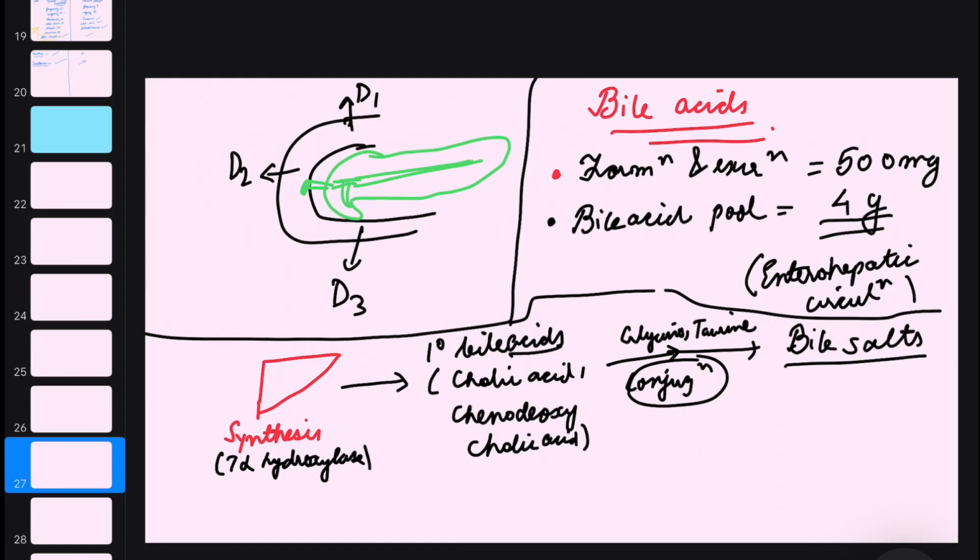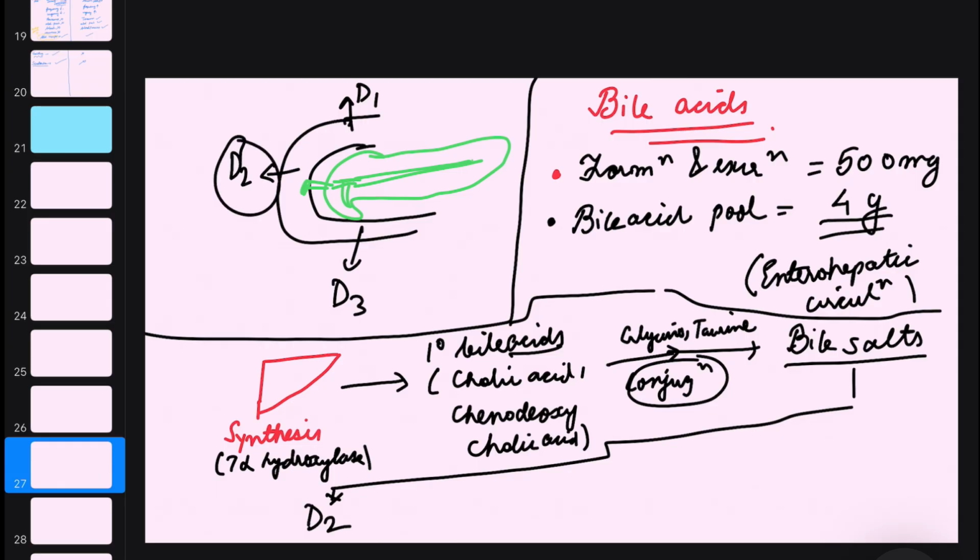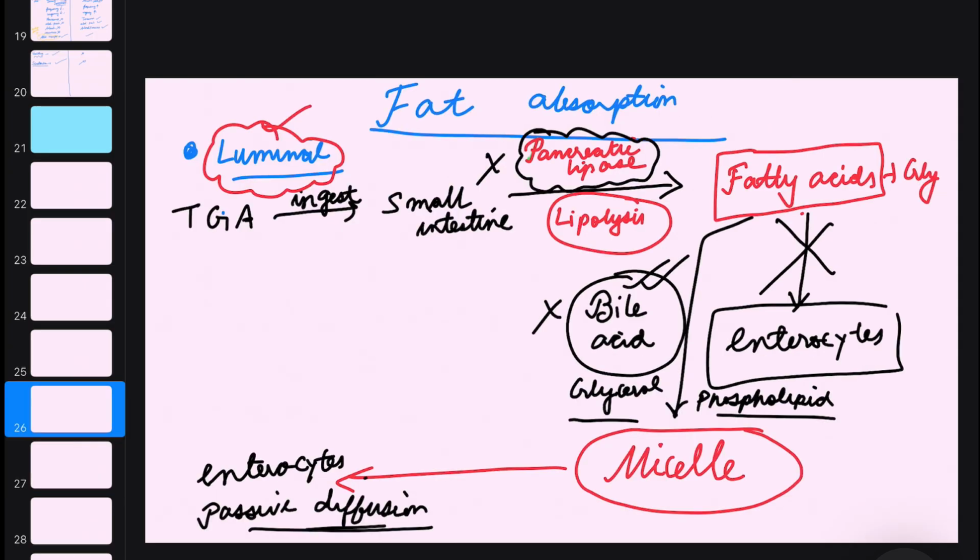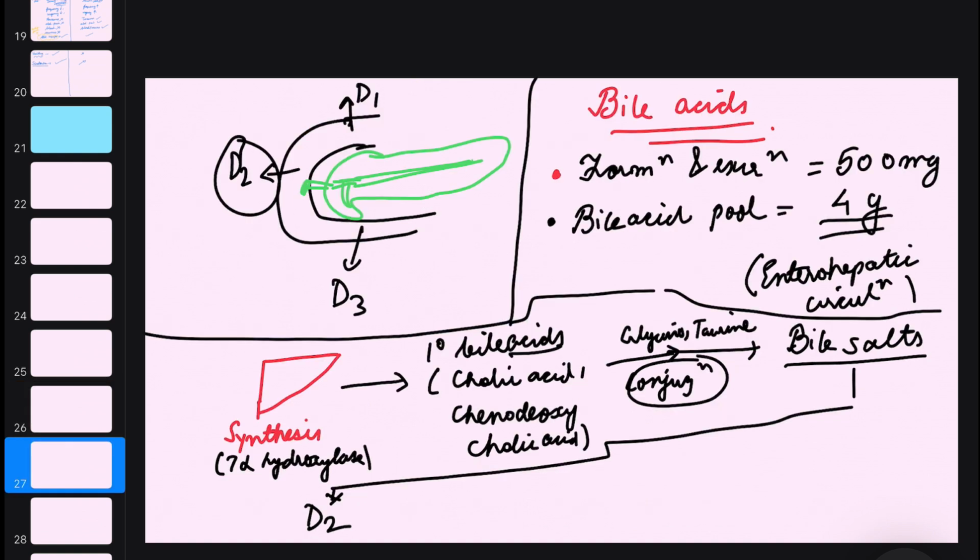These bile salts, this is where things get interesting. Where are they secreted? Yes, the second part of the duodenum again, D2. In D2, we have already seen what my bile salts or bile acids will help in doing: forming micelles. So, in D2, micelles are formed.